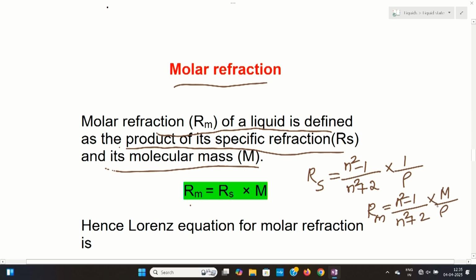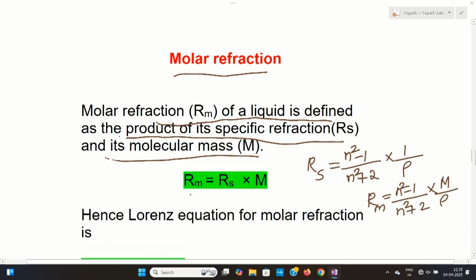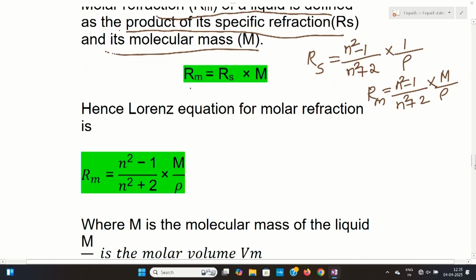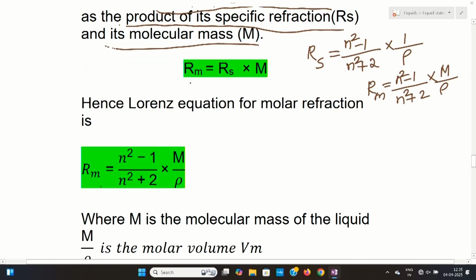This is the molar refraction equation, where n is refractive index, M is molecular mass, and rho is the density.